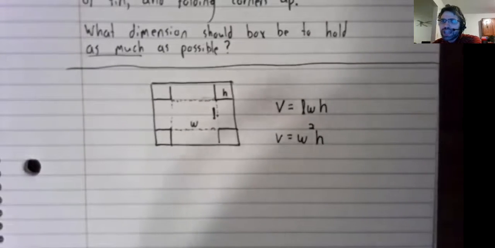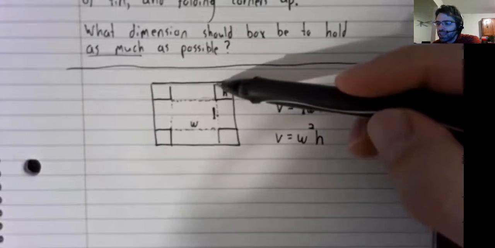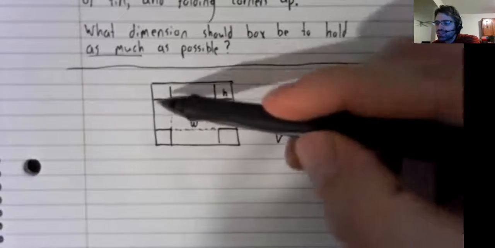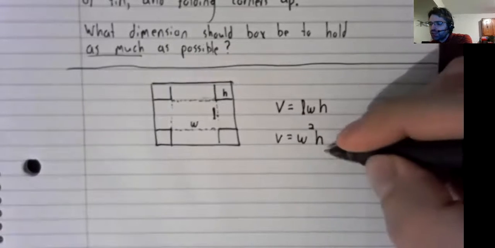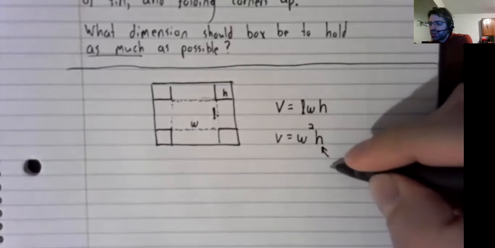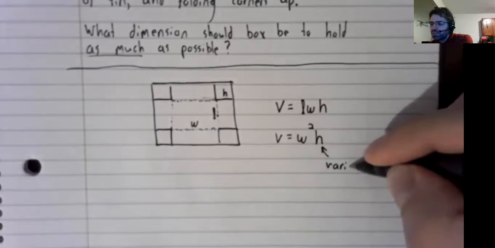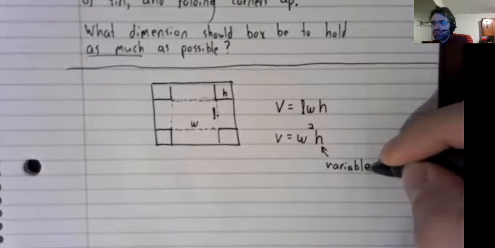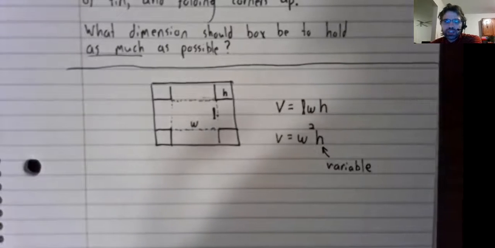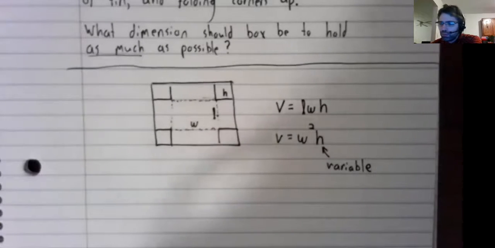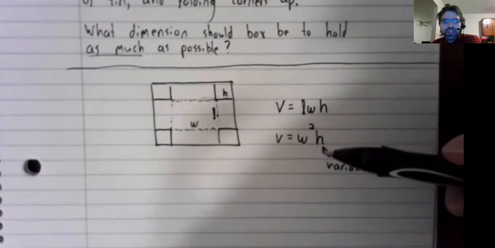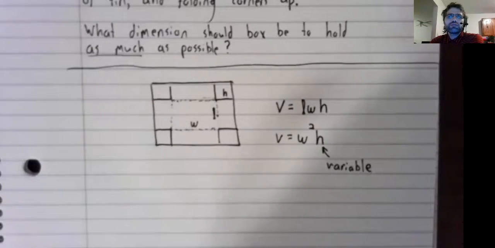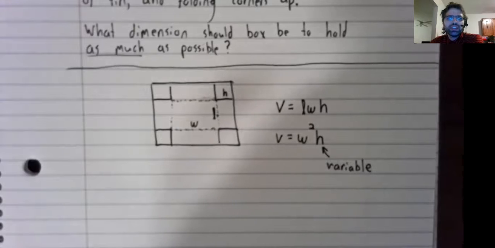Let's try to get it down further to 1. We're most directly controlling how big these squares we cut out are. So let's try to make this our variable. If this is going to be our variable, we'd like to get rid of this W. Is it possible to rewrite W in terms of H?